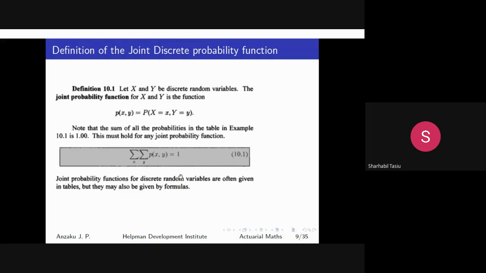If it is more than 1, or if it is not equal to 1, then it is not valid. If the sum of all the joint probabilities is not equal to 1, then it is not valid. And if we go deeper in probability theory, any probability density function that, when you integrate over the interval, is not equal to 1 is not valid.